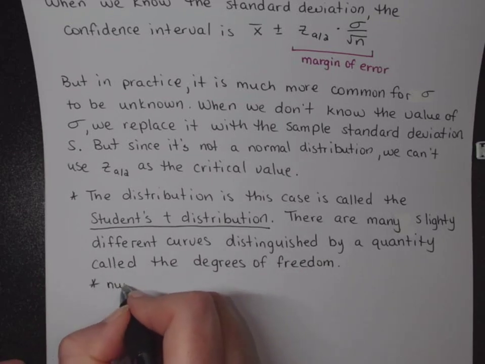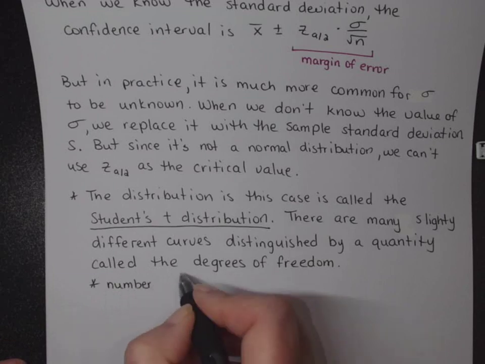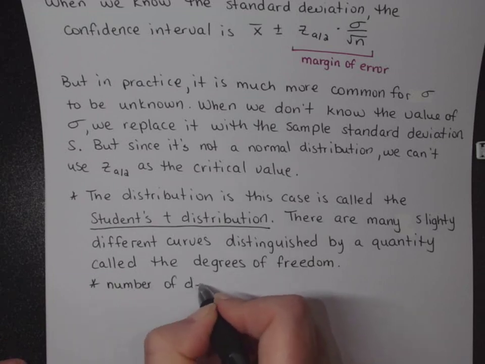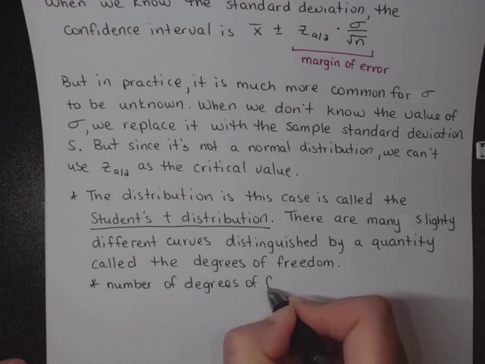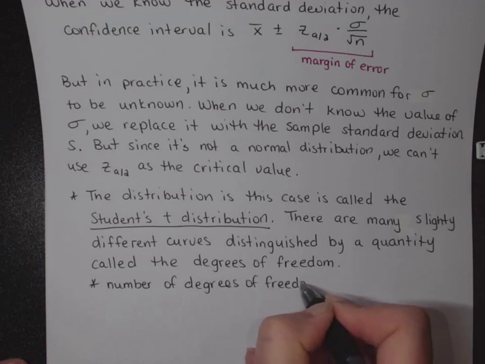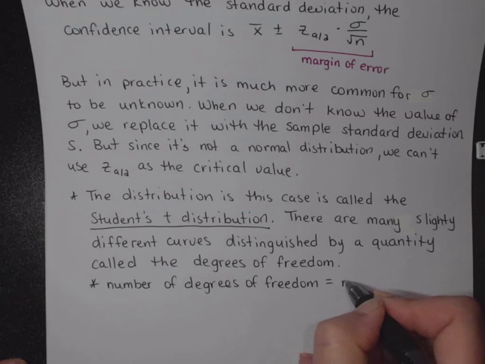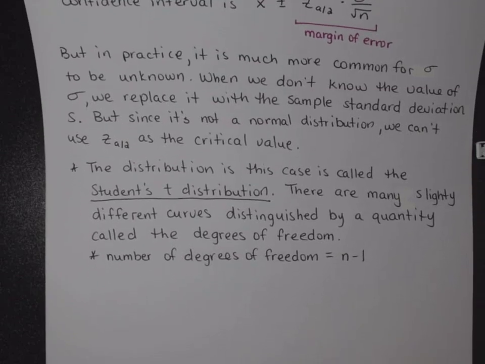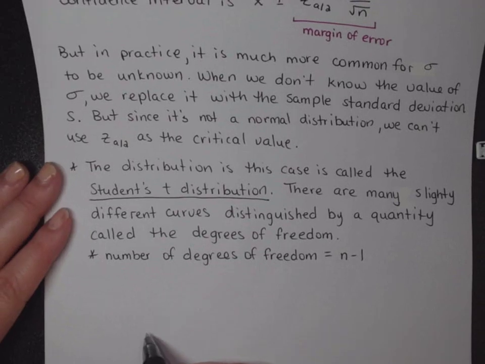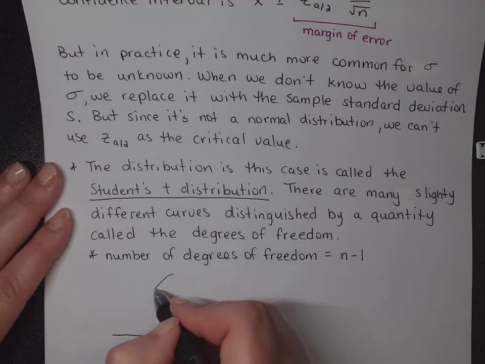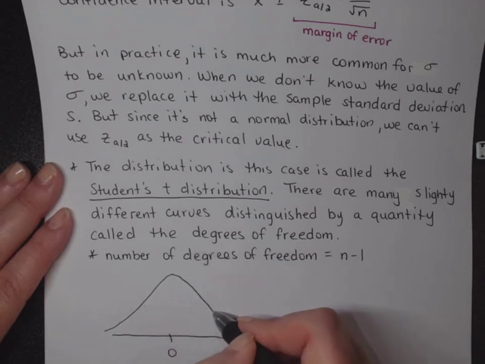If you want to know the number of the degrees of freedom, which are going to come into play when we look at some examples, your degrees of freedom is always going to be one less than the n value that you have, up to a certain point. So here's what I mean by you're going to have some curves that are normal-like. Go ahead and draw your normal bell curve.